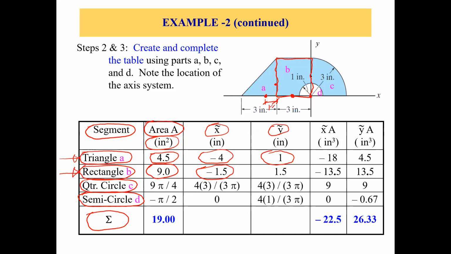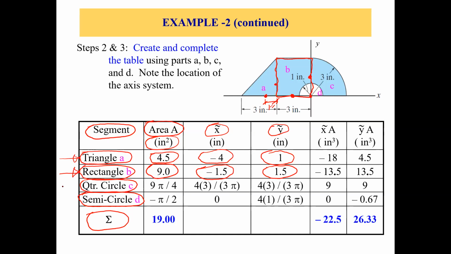It would be somewhere here, in the center, 1/2 of 3 inches, so it'll be 1.5 inches, and as it is in the positive y direction, it'll be a positive 1.5 inches.